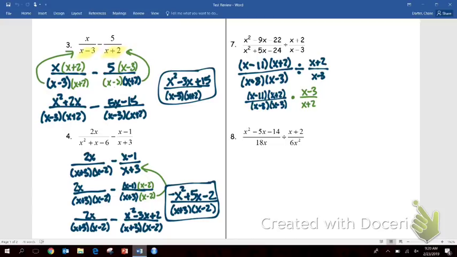Then it just turns into multiplication. So in multiplication, we make a mega fraction. Everything in the separate numerators goes in the big numerator together. Then everything in the denominators goes in the denominator together.